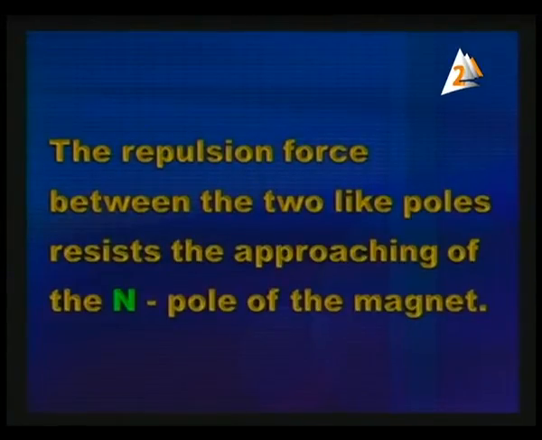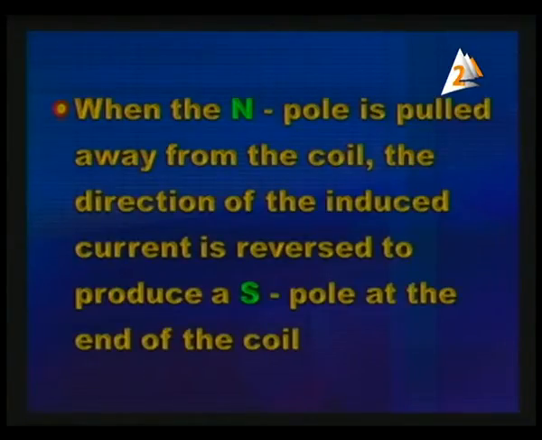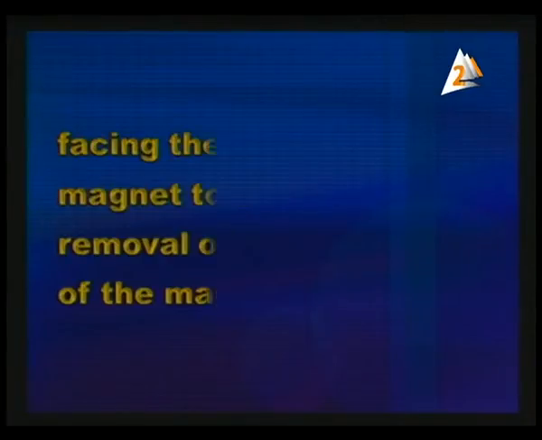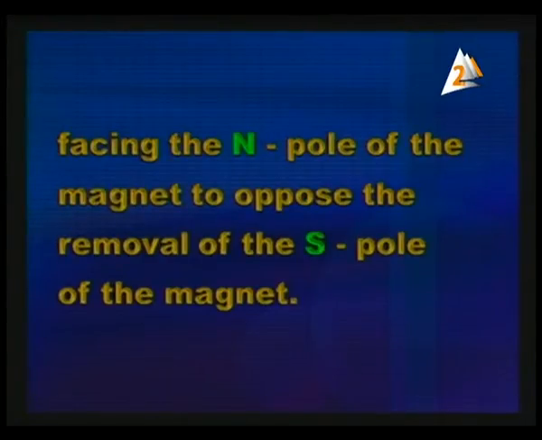The repulsion force between the two like poles resists the approaching of the North Pole of the magnet. When the North Pole is pulled away from the coil, the direction of the induced current is reversed to produce a South Pole at the end of the coil facing the North Pole of the magnet to oppose the removal of the North Pole of the magnet.